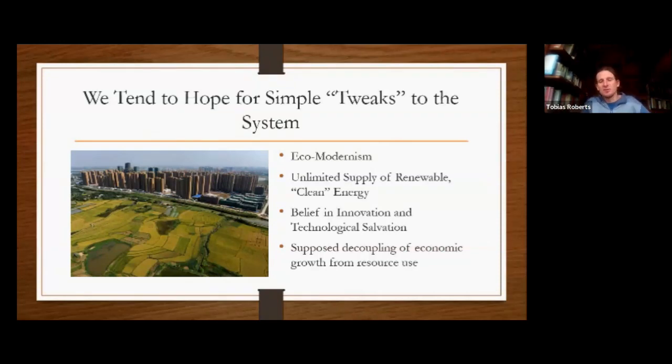The Eco-Modernist Manifesto, which is interesting, you can find it online, is basically about how we need to corral people into cities, which is already happening. Over half of the world population now lives in urban areas, but the idea is even more. We need to have 90 to 95% of people in hugely concentrated urban areas.